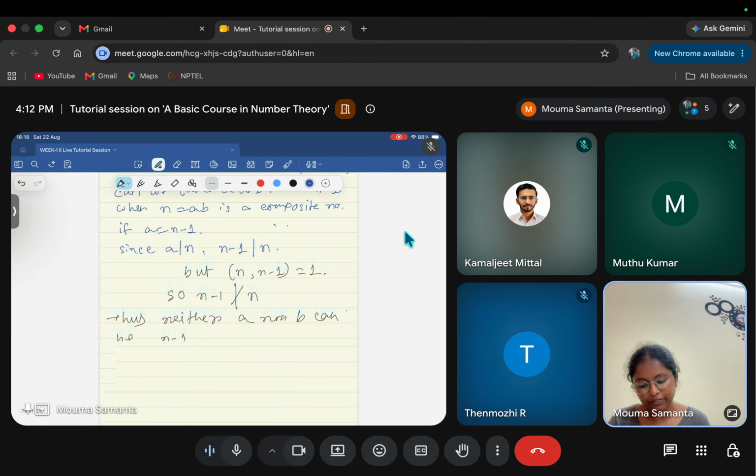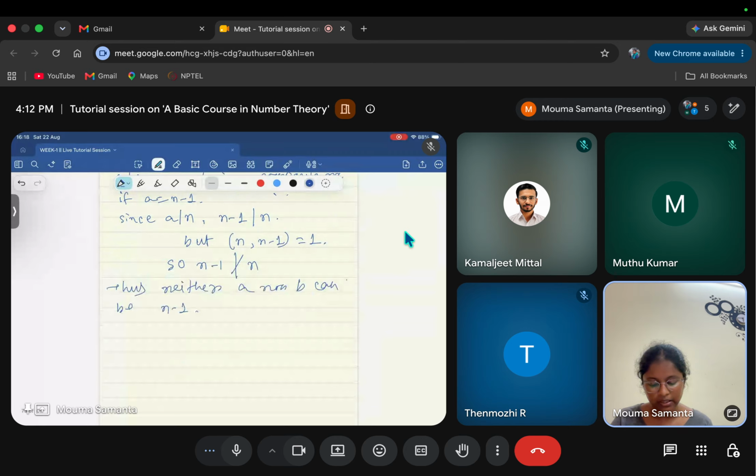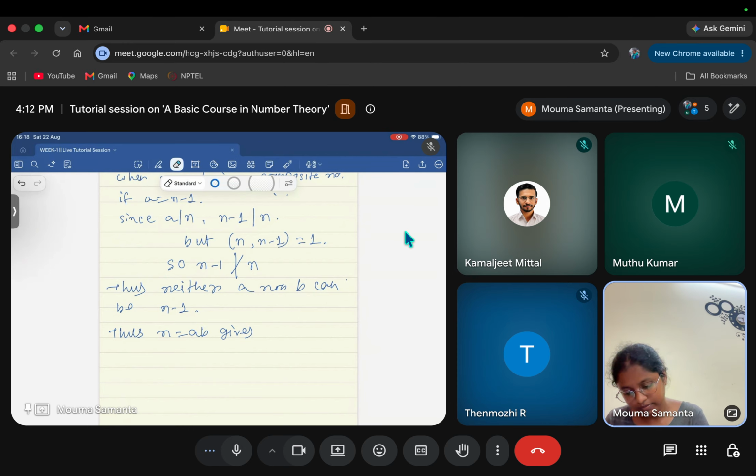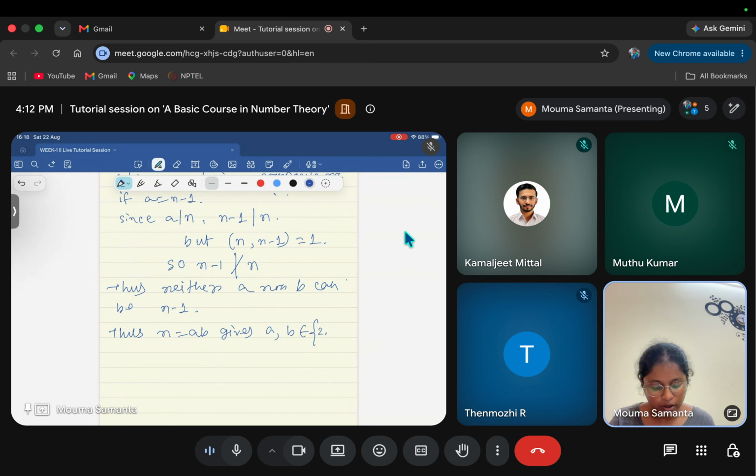Thus if n equals a times b, then a, b lie in the set 2 up to n minus 2, right?